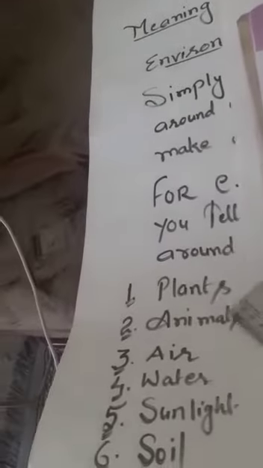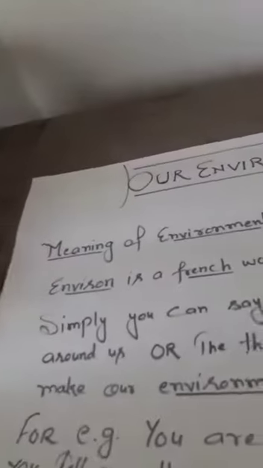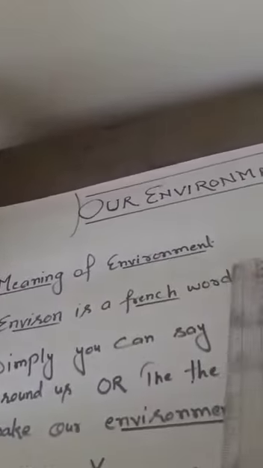And now we can conclude that our environment is our surrounding, which includes plants, animals, air, water, sunlight, soil, etc. Here I made a chart for you. What is the meaning of environment?